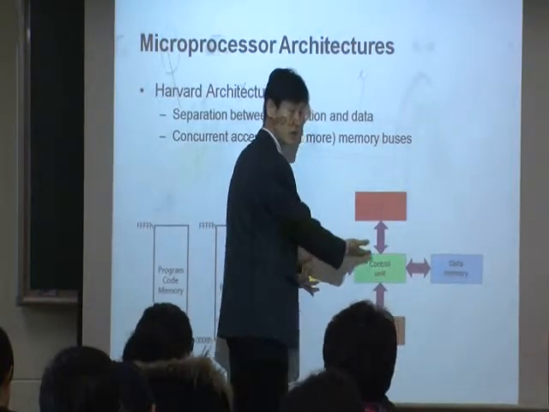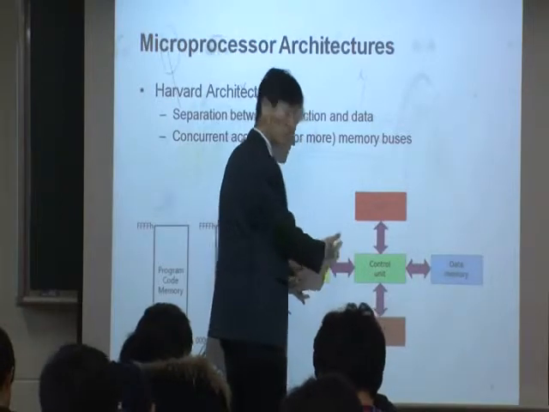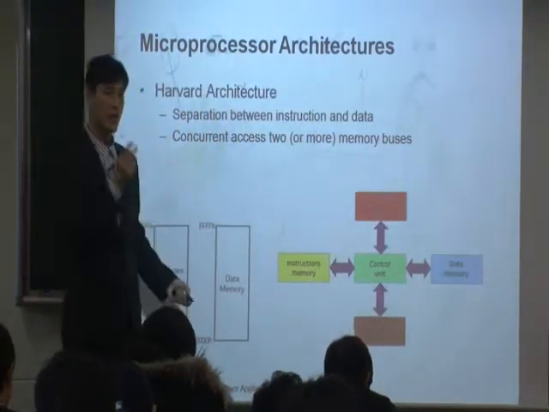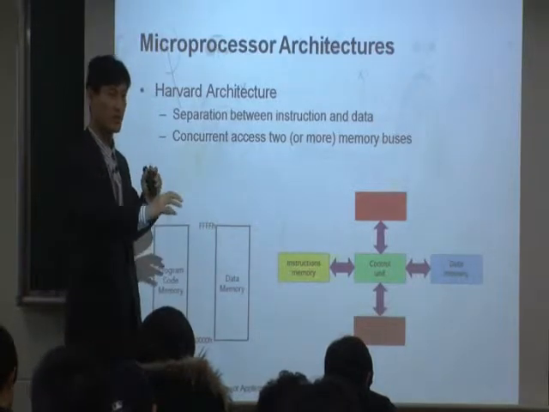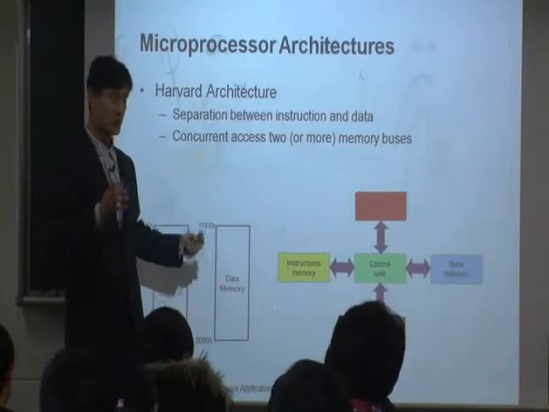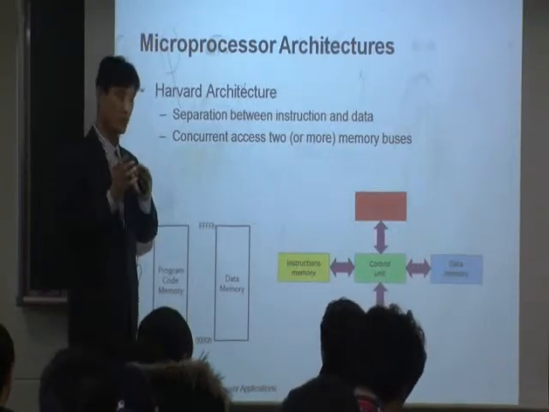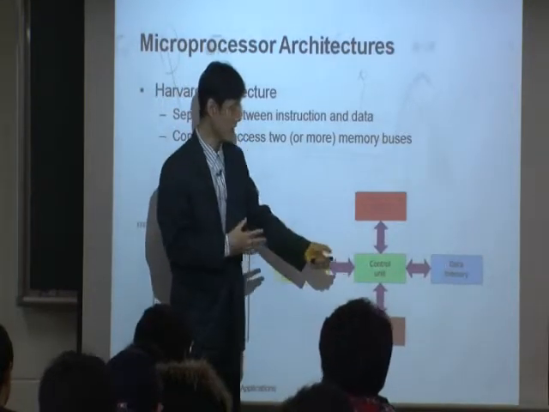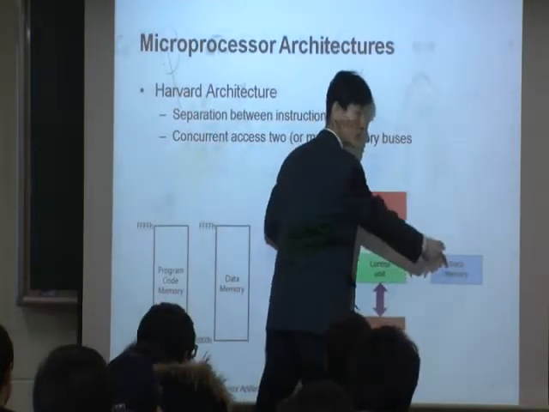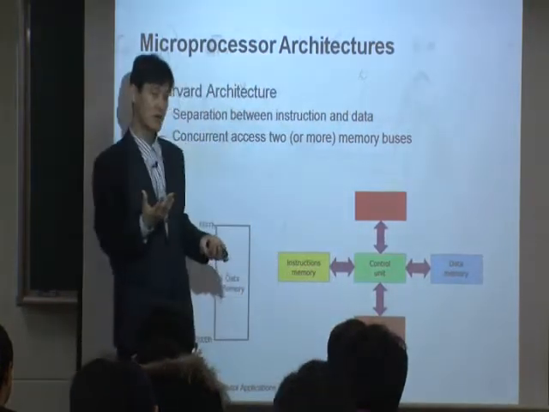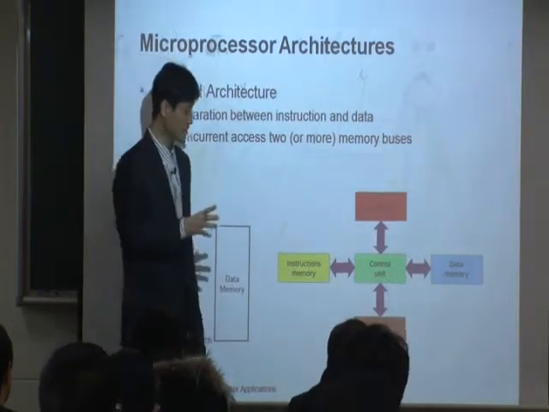That connection is a bus, the physical connection. In Harvard architecture, you have two different connections to two different memories. Here is the instruction memory. You compile your own program and put that into the instruction memory, right? And this is the data memory. You have two independent connections.